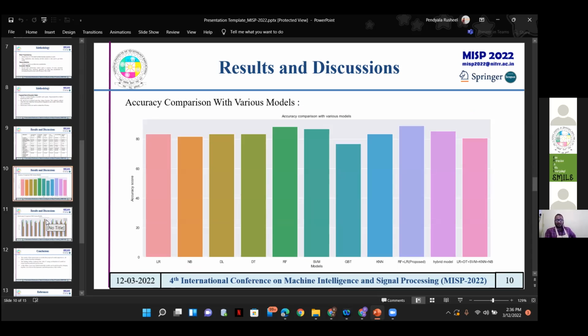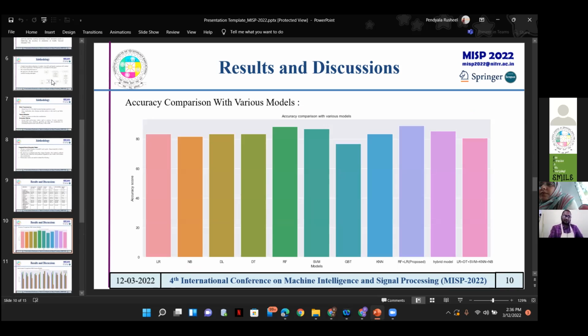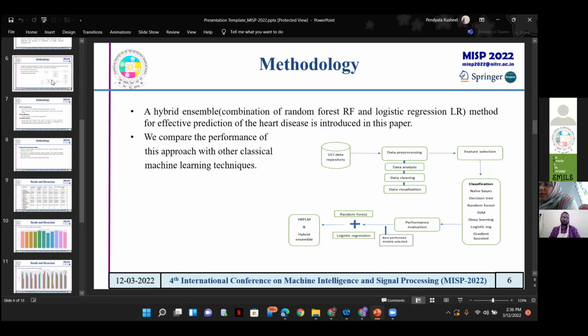So my question would be regarding pre-processing. Can you talk a little bit more about pre-processing? Ma'am, can you specify which part of pre-processing? What kind of data cleaning did you perform? We actually removed the missing values, ma'am.